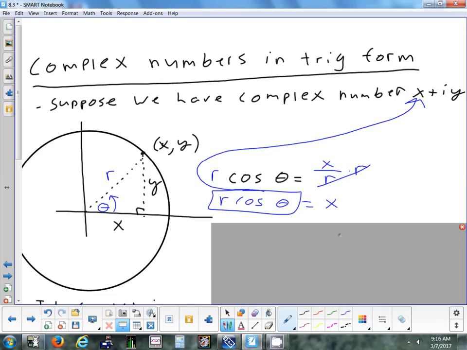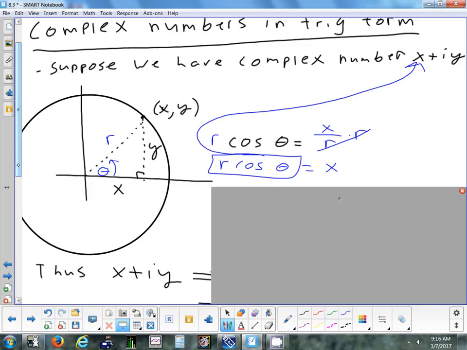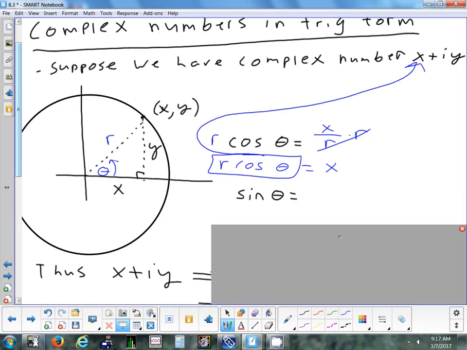Okay, now we also need a formula to get rid of y. What trig function could I use, do you think, to replace y? Y over r, right? So what would y over r be? Which trig function? Cosine. Not cosine, that's x over r. Sine. Sine is opposite over hypotenuse.